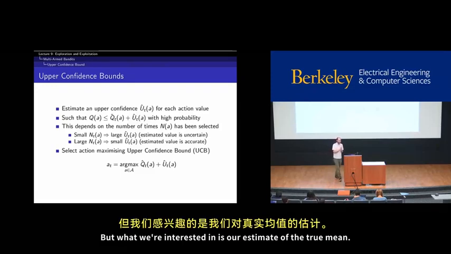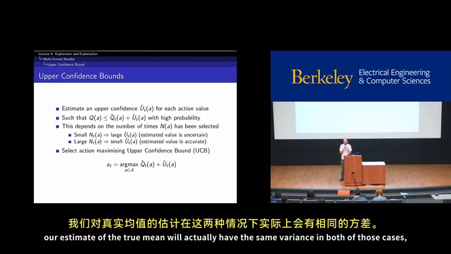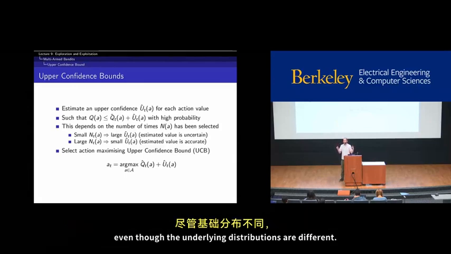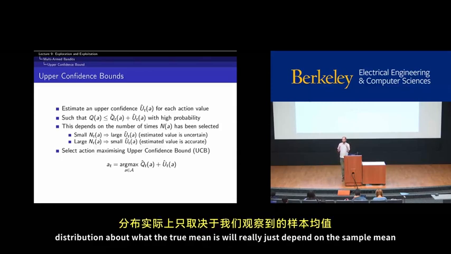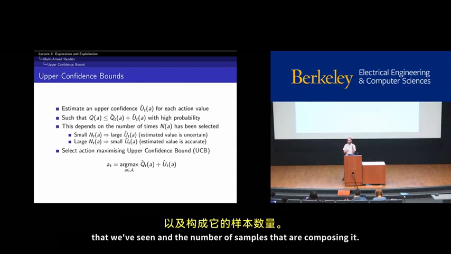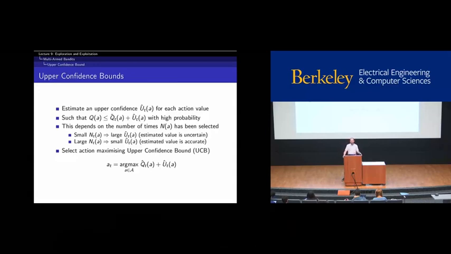But what we're interested in is our estimate of the true mean. And our estimate of the true mean will actually have the same variance in both of those cases, even though the underlying distributions are different. Our belief distribution about what the true mean is will really just depend on the sample mean that we've seen and the number of samples that are composing it.